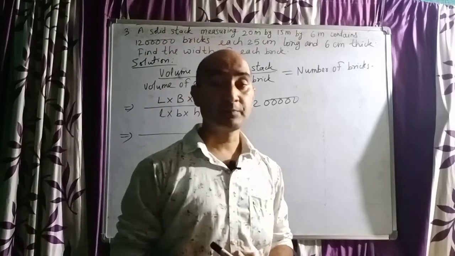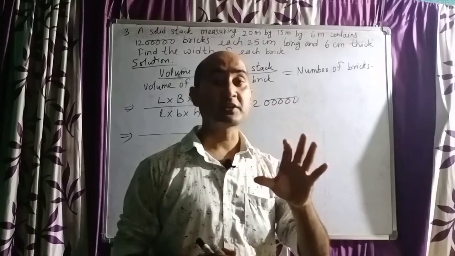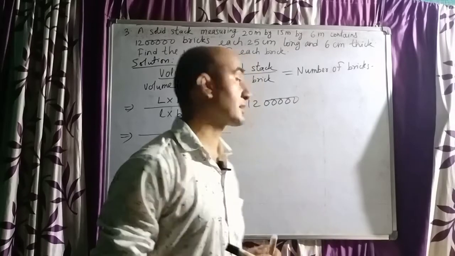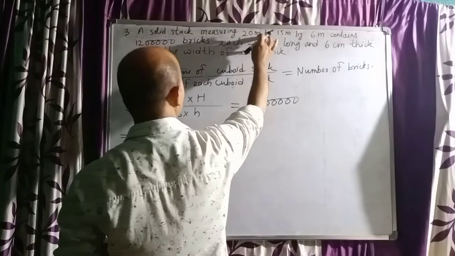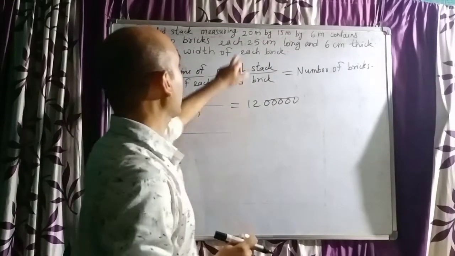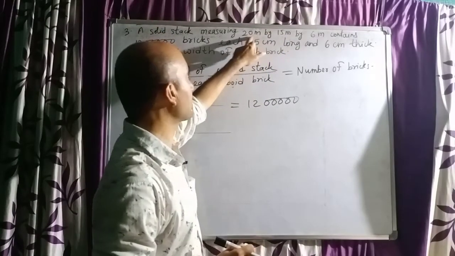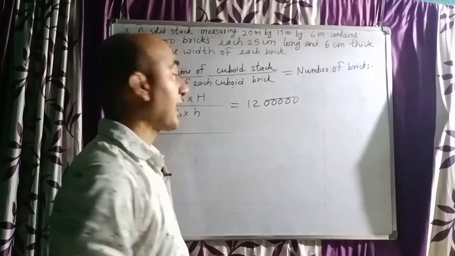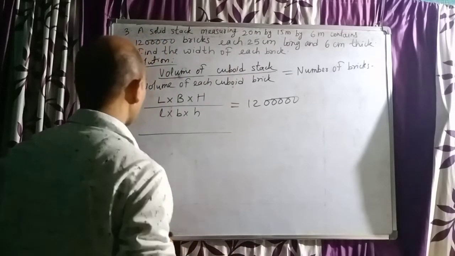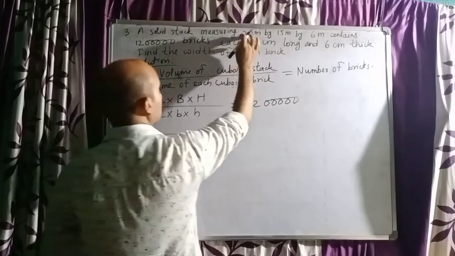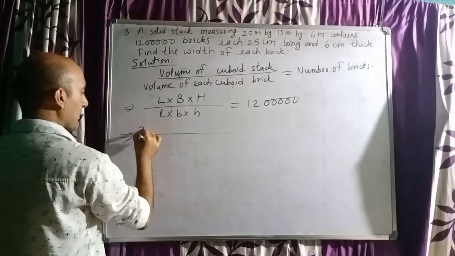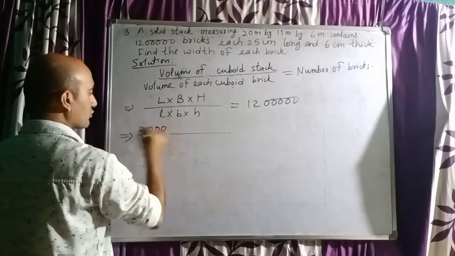Let me remind you children, when we multiply meter by 100, it becomes centimeter. So if I multiply 20 meter by 100, it will have two more zeros, that means 20 will become 2000 and it will become centimeter. So in place of 20 meter, I will make it centimeter by putting two zeros.